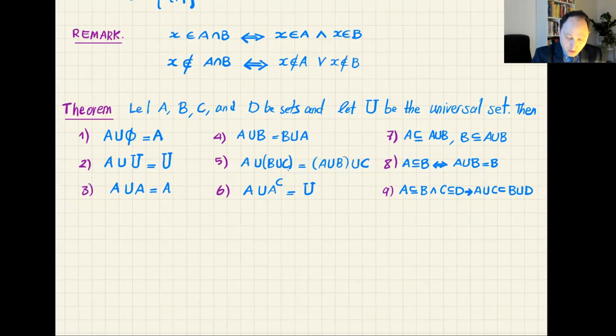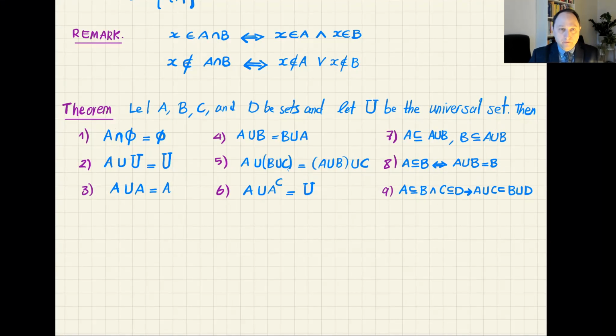So how do you think I can make the first one right? I want to clean this union and make it intersection. Then the correct form would be A intersection with the empty set is equal to the empty set. Yes, so I will clean this one and write the empty set here.